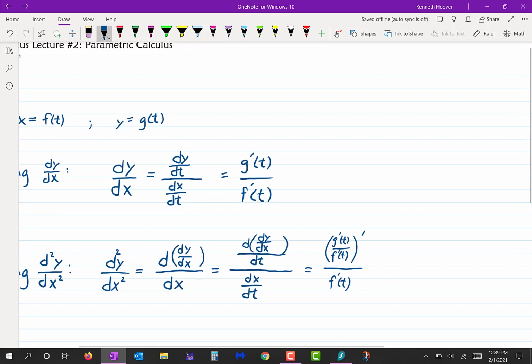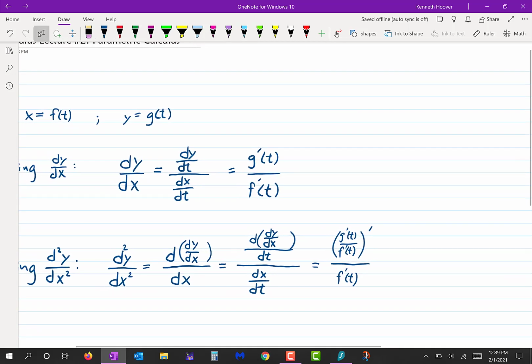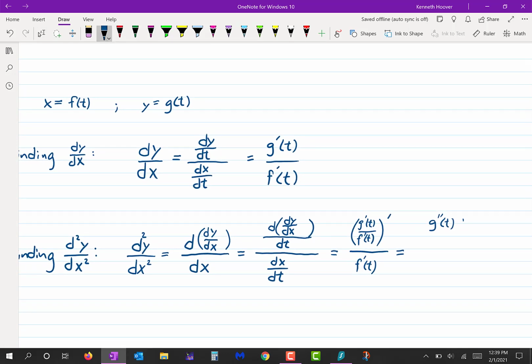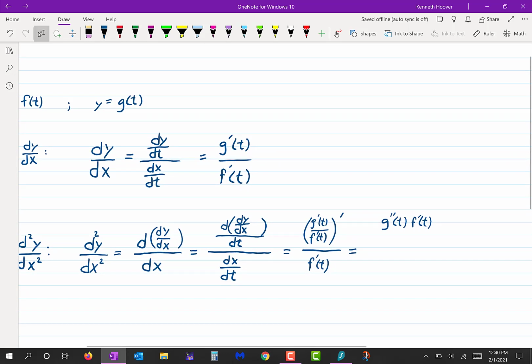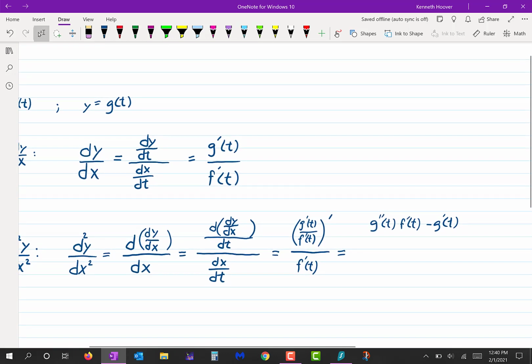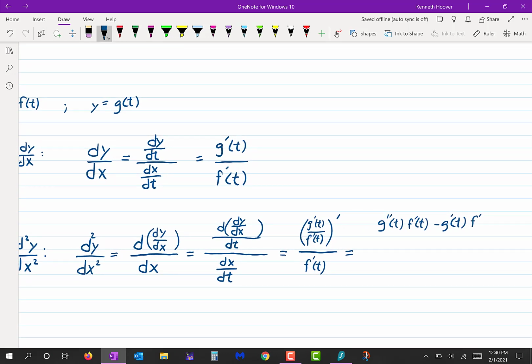Now let's look at the top. Wouldn't you have to use the quotient rule there? So you would get g double prime times the bottom, which is f prime, minus the top, which is g prime, times the derivative of the bottom, which would be f double prime, divided by the bottom squared.